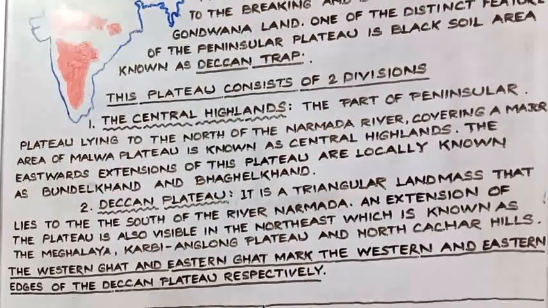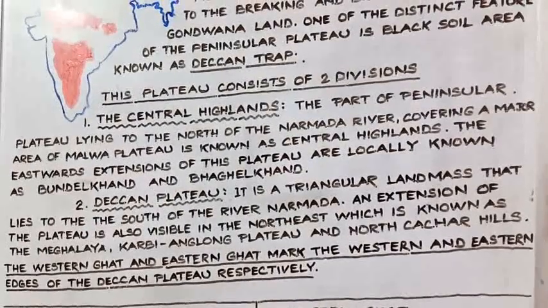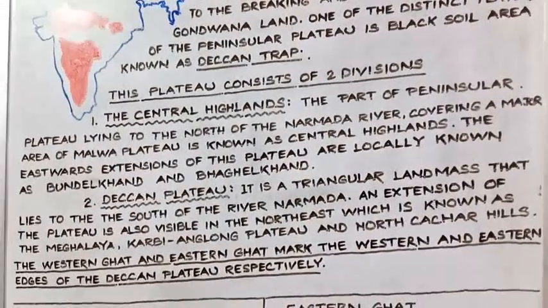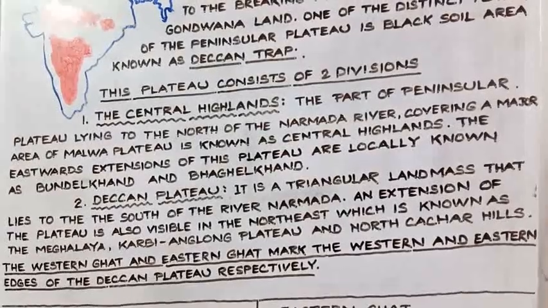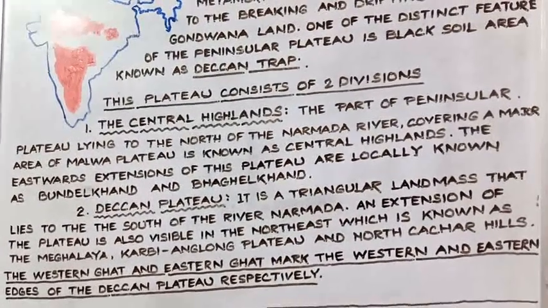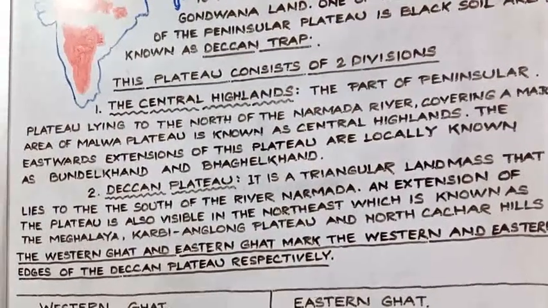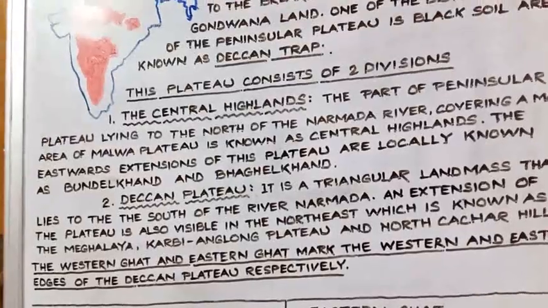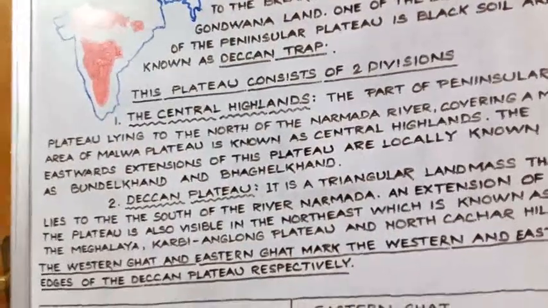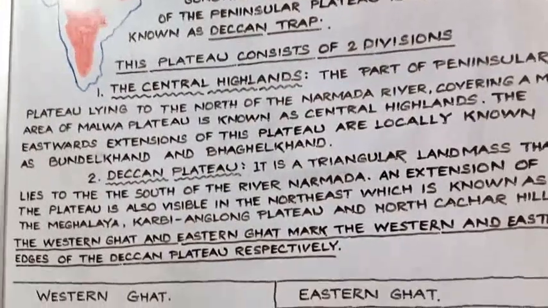But in the northeastern region also, we have some areas called Karbi Anglong and Cachar Hills. These hills also consist of plateau, and this plateau region is somewhat an extension of the Deccan Plateau. Extension means it does not have a direct link, but the composition of the plateau is more or less the same as the Deccan Plateau.